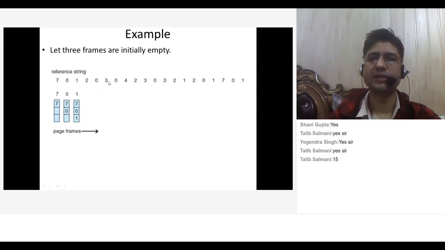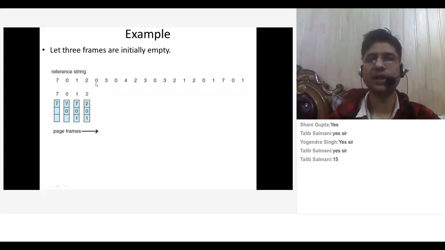And then you can see 1 is here, so we don't want to remove 1. And you can see 7 is after that. We have 3 frames, and we have to check only for 2 which frame will be used in the near future. So you can see 0 and 1 are here, 7 is after that. So we will replace 7. So 7 will be replaced by 2. You have to look into the future.